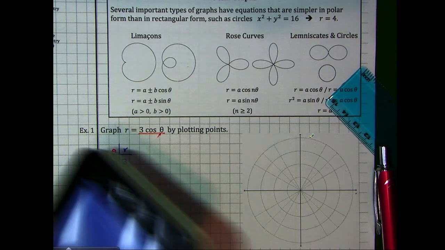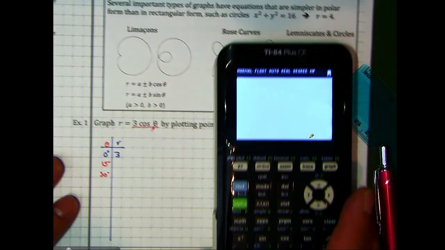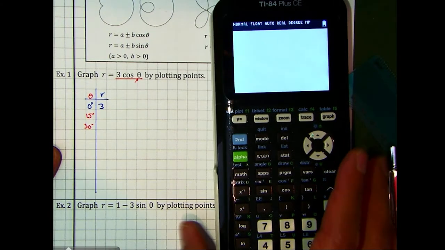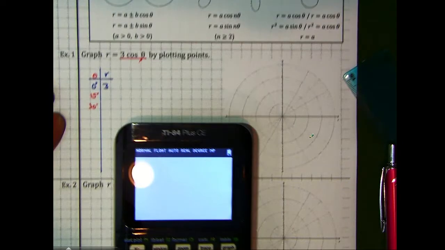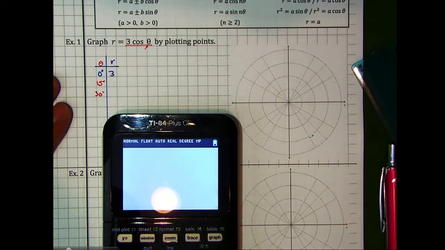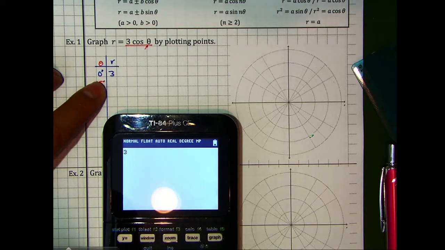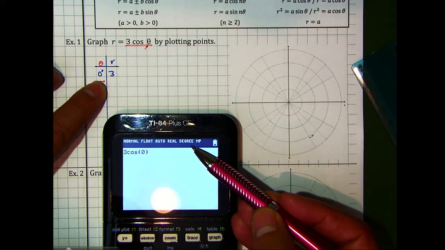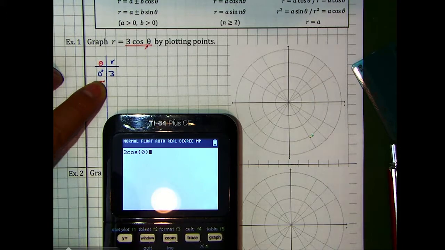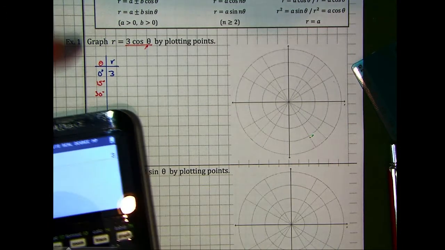But we actually can use a calculator for this. I'm going to type in 3 cosine of 0. Now remember that you want your calculator to be on degrees. It will be 3.